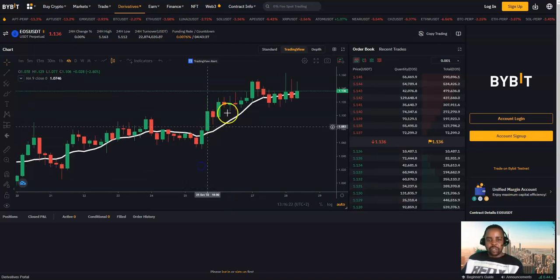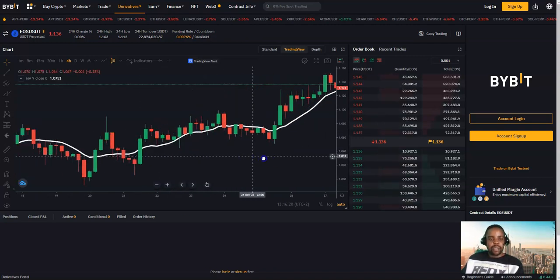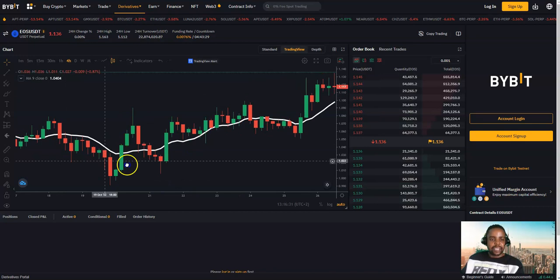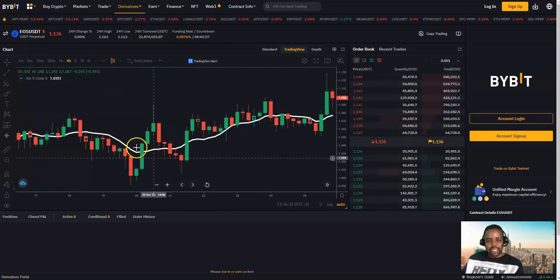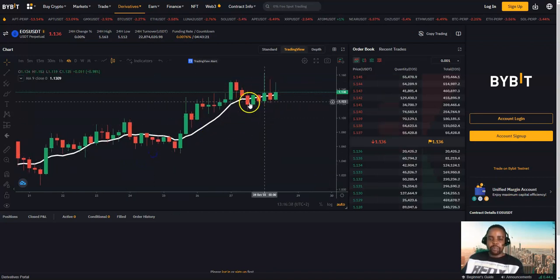When the market is strong, even here, the moving average comes beneath. And when the market is weak, the moving average comes above, like in this case. That's the most basic thing you must understand. And when it crosses over, this is the most important part, it might mean changing direction from uptrend to downtrend.